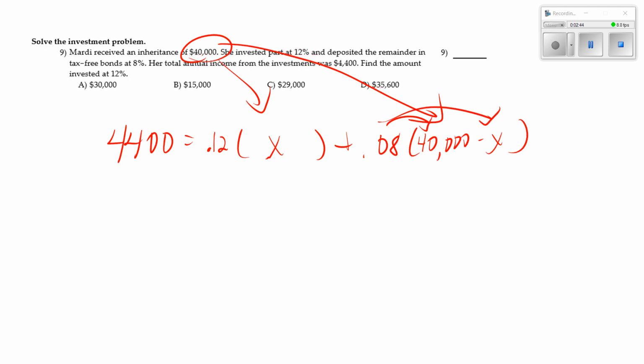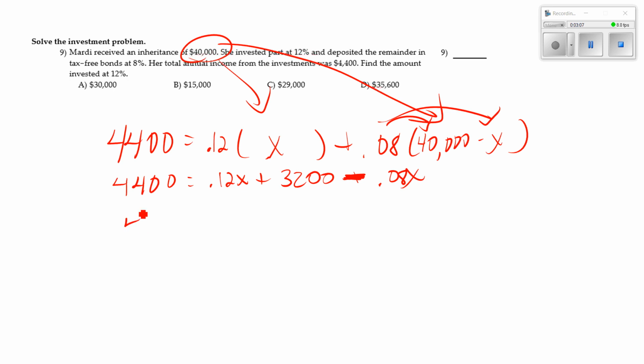I'll distribute here. I get 4,400 equals 0.12x plus 0.08 times 40,000 is 3,200 plus, oops, minus, let's pretend like that's minus, because 0.08 times minus x would be minus 0.08x.